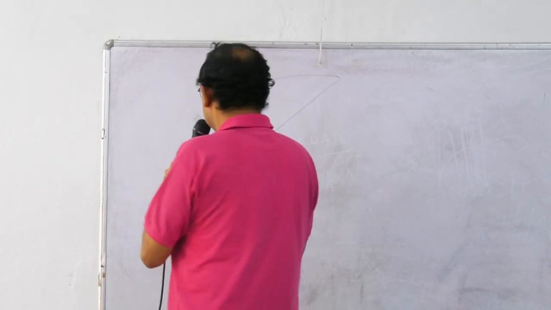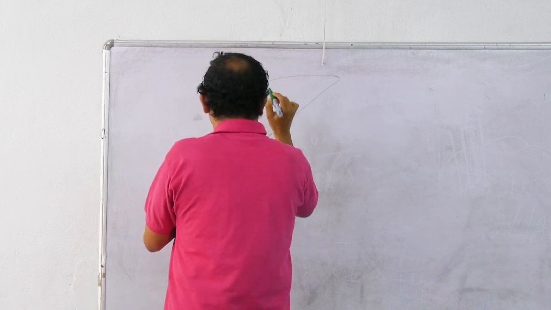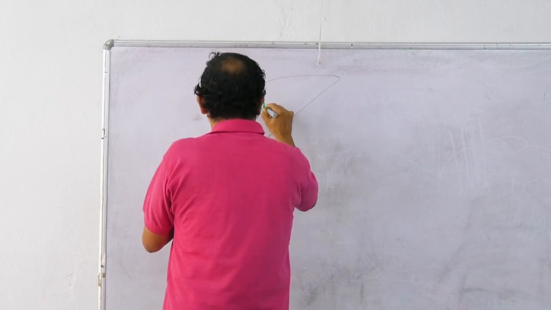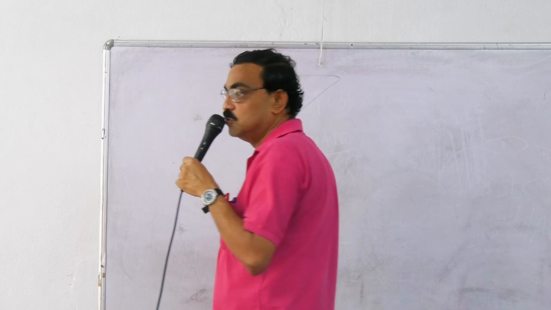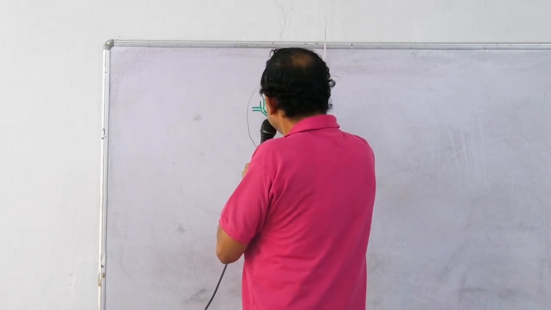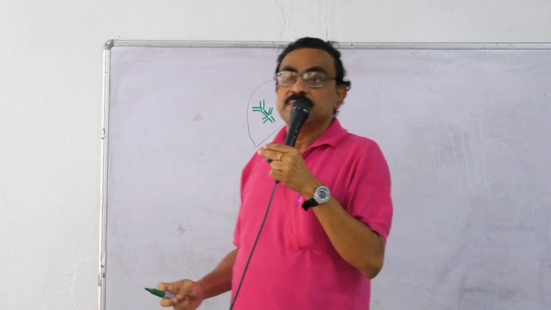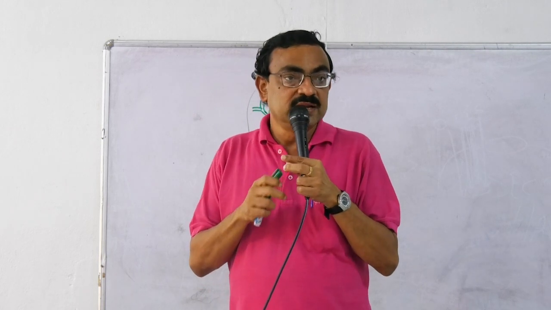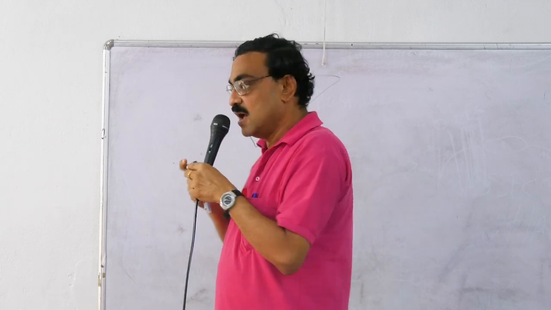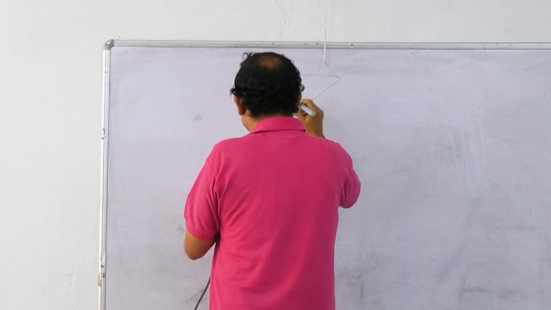Suppose this is biliary canaliculus. They join to form biliary ductules. This is the biliary ductule, and these biliary ductules from several places form the small bile ducts. Okay, and these bile ducts ultimately come out from the liver.